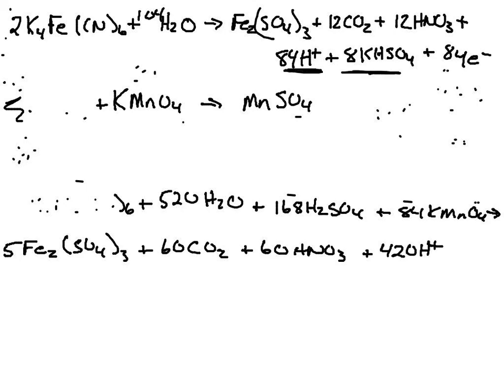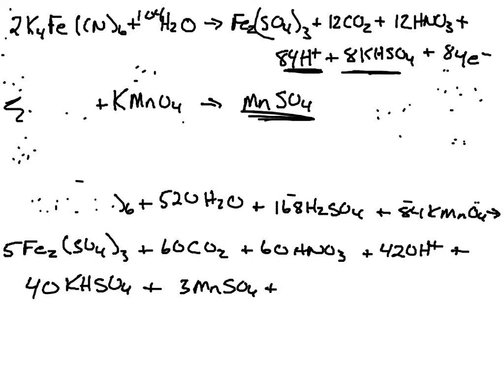Now I'm going to do this one. 8 times 5 is 40, plus 40 KHSO4s, plus, now let's do this, 5 MnSO4s plus 5 KHSO4s, plus 20 waters, H2O.